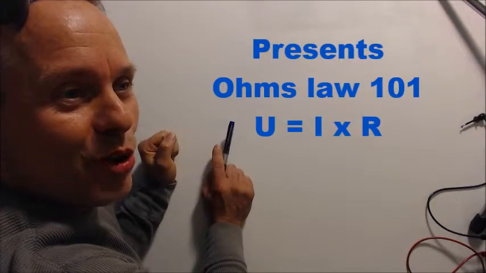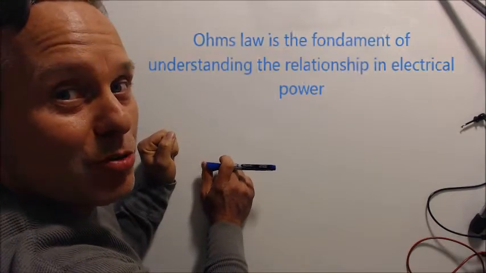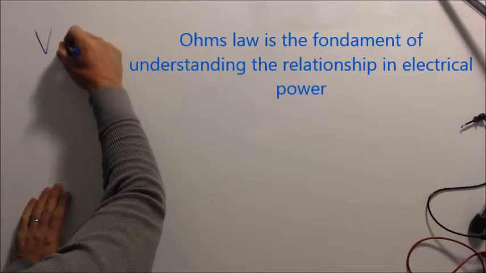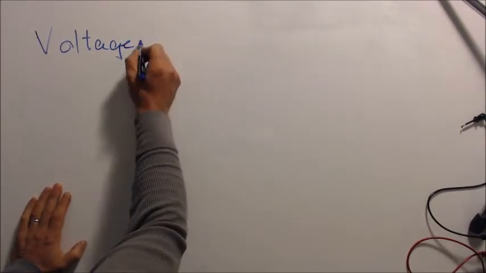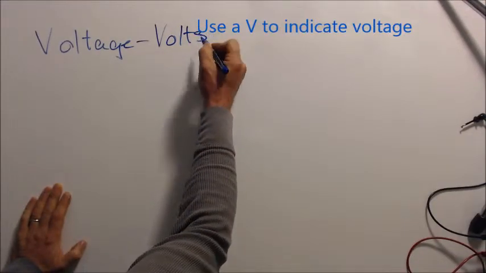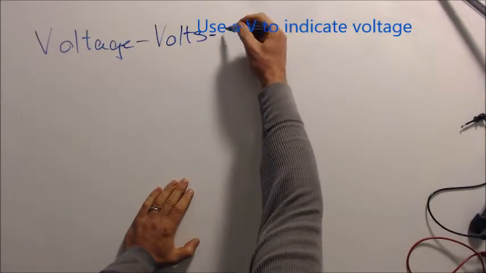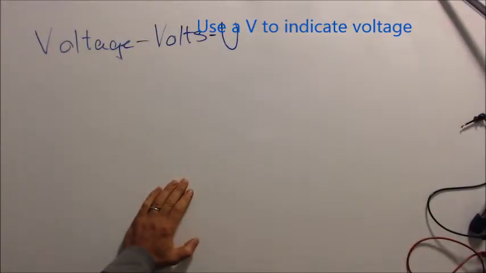I'm going to give you a 101 here on Ohm's law and how to use that for troubleshooting. So you've got three components in electricity that you adhere to. And the first one, voltage, measured in volts, and using the letter U when we calculate it mathematically.